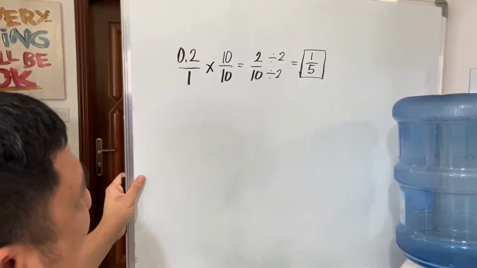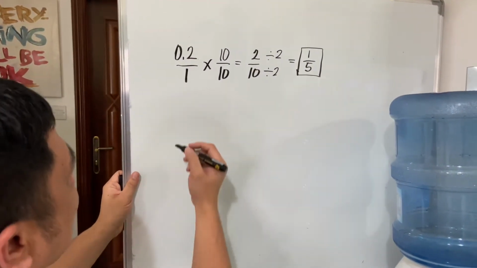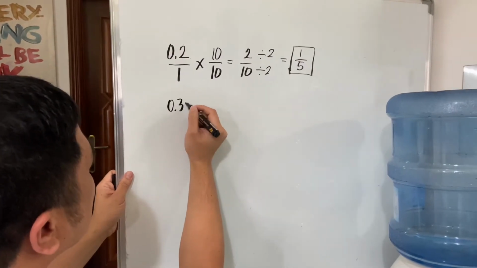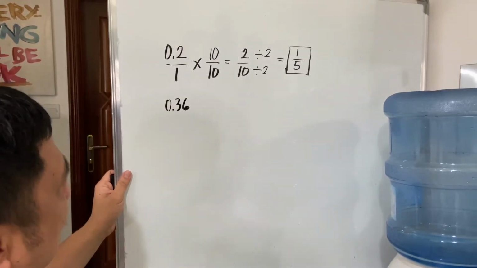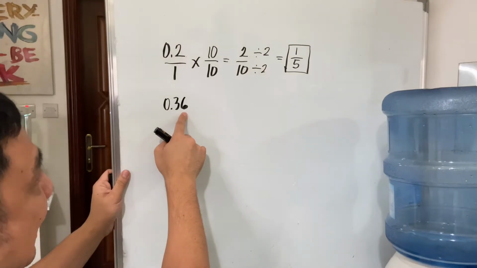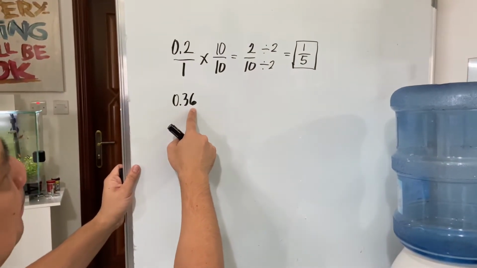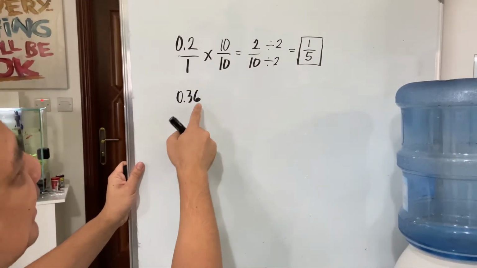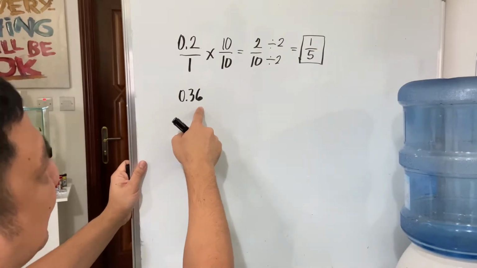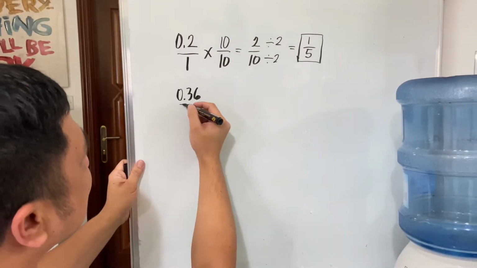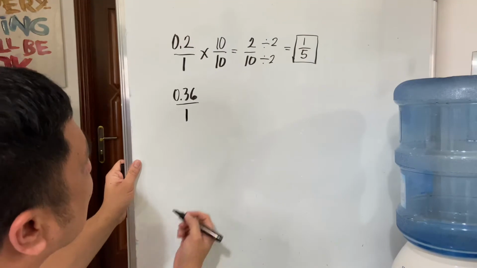Now let's try some more examples. If I have 0.36, the place value of 6 here is hundredths. So again, 0.36 over 1.